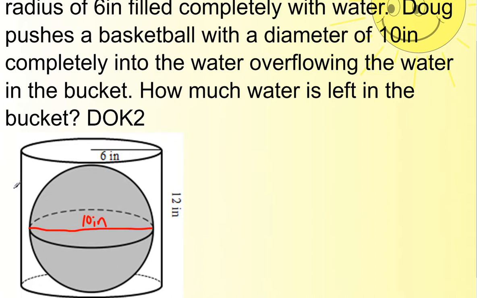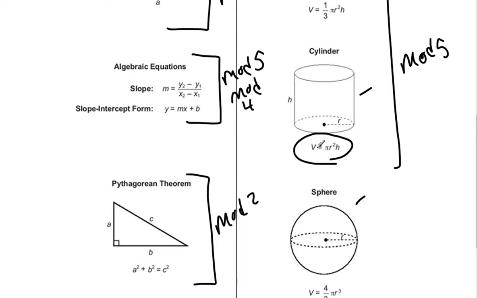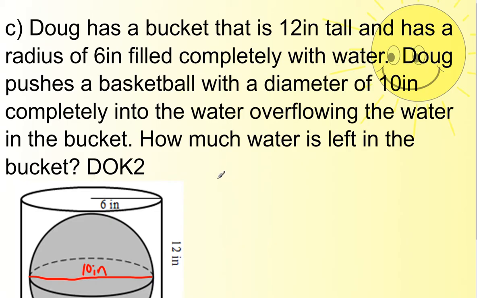Since the water's inside this bucket, it's the shape of a cylinder. So we need to find the volume of our cylinder. V equals pi r squared h. And this is the volume of the cylinder.